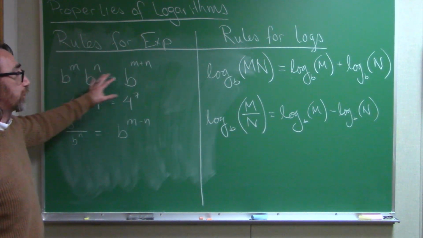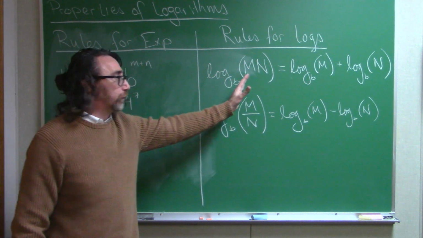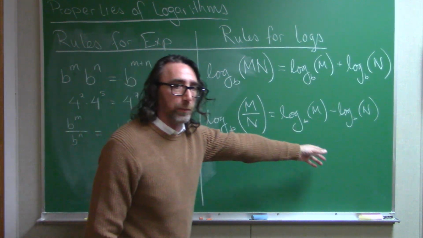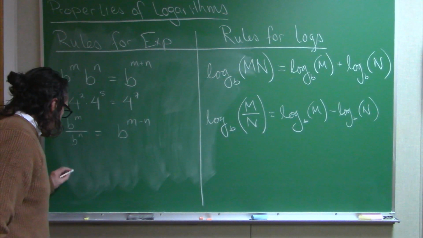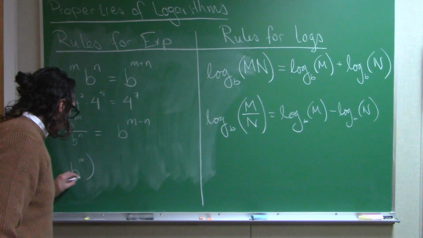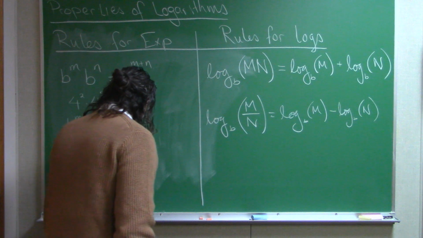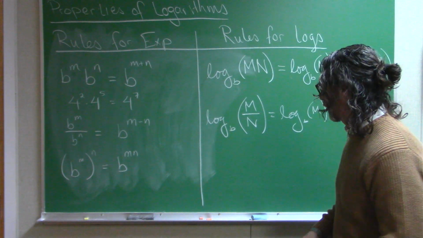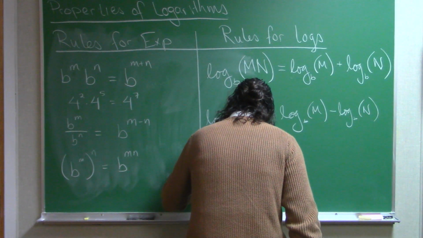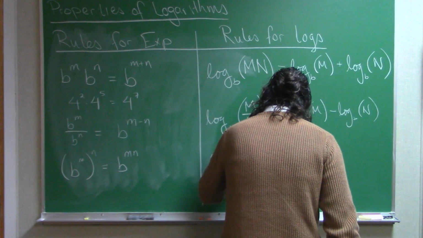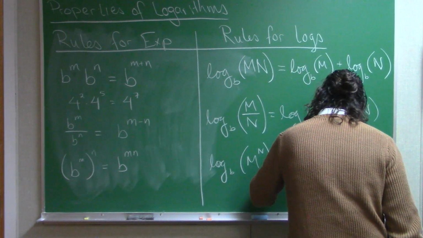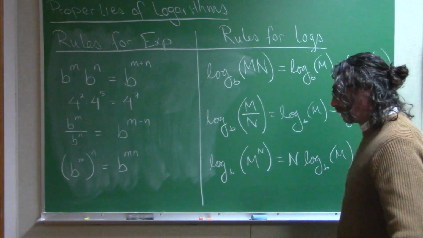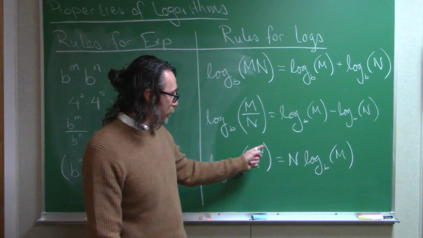So we have the product rule for logs. We know what logs do to products. They turn them into addition. We have the quotient rule for logs. They turn them into subtraction. And we have the power rule for logs coming from this. We know this rule for exponents as well. If I raise a power to a power, I should multiply the exponents. So, log base b of M to the n.